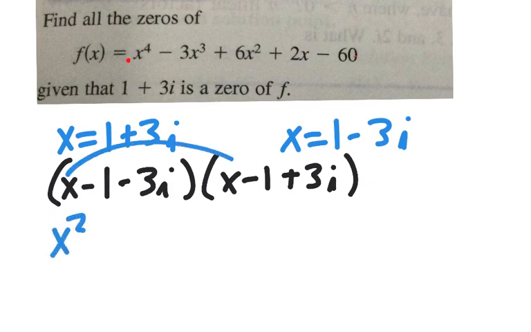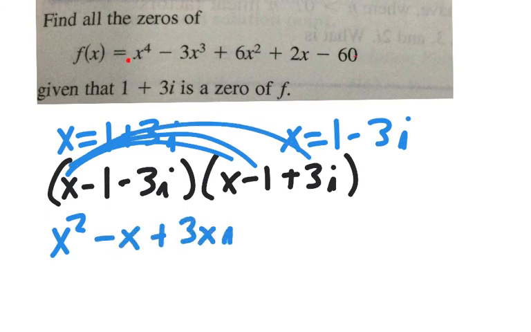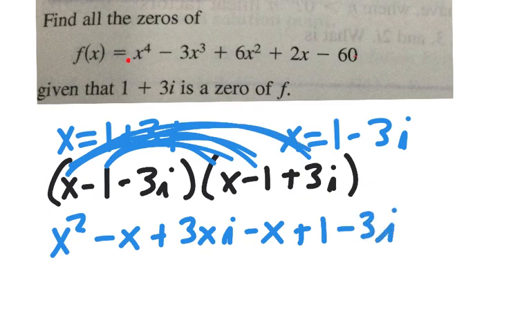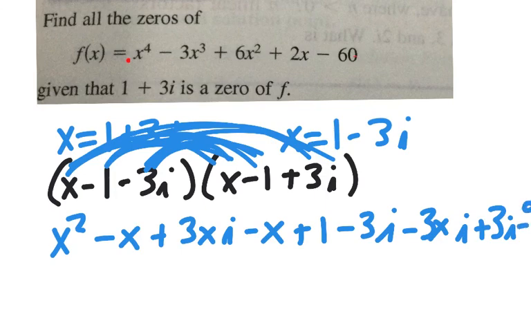So this is x squared minus x plus 3xi minus x plus 1 minus 3i minus 3xi plus 3i minus 9i squared.